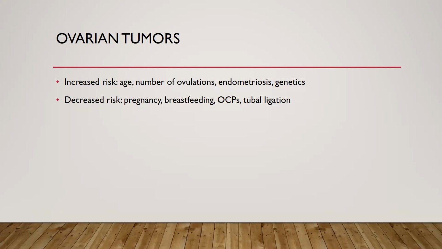If you have OCPs, you're taking them and potentially correcting for any hormonal insufficiency or deficiency or dysfunction. OCPs will increase risk for other cancers and other tumors, right? But not necessarily ovarian. Breastfeeding for the same reason that pregnancy decreases risk. Tubal ligation, because you've stopped ovulation, so less likely chance that things will be as wonky if we're not ovulating.